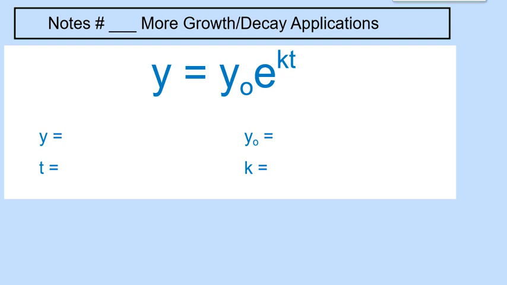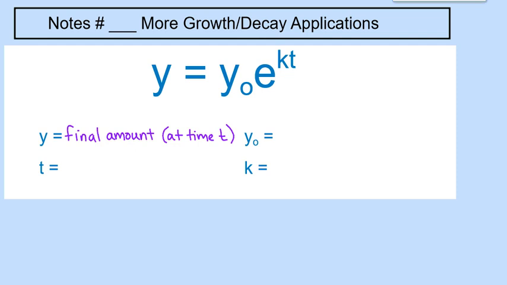So just like the previous equations we were looking at, you have a final amount, y. So that would be the final amount of whatever you're working with, some substance or some population. You can also call that the amount at time t. Y naught, that is our initial amount.